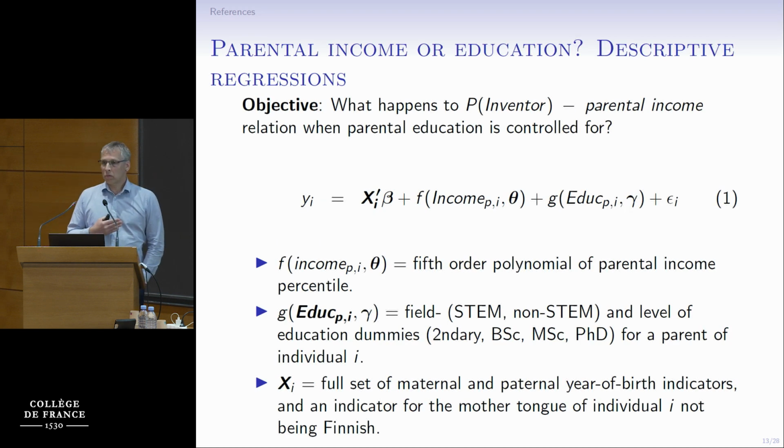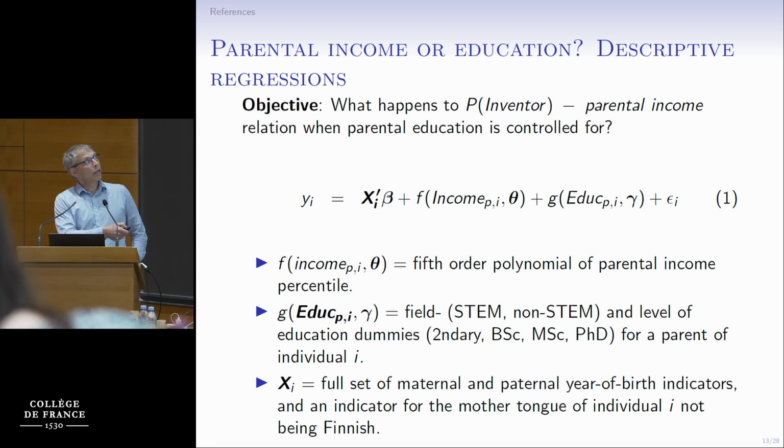So how to get at these associations I showed you? We run a bunch of purely descriptive regressions, where the idea is to ask, you saw the raw data, does the parental income probability to invent relationship change once we control for education? The outcome variable is, are you an inventor, yes or no? We have some controls.